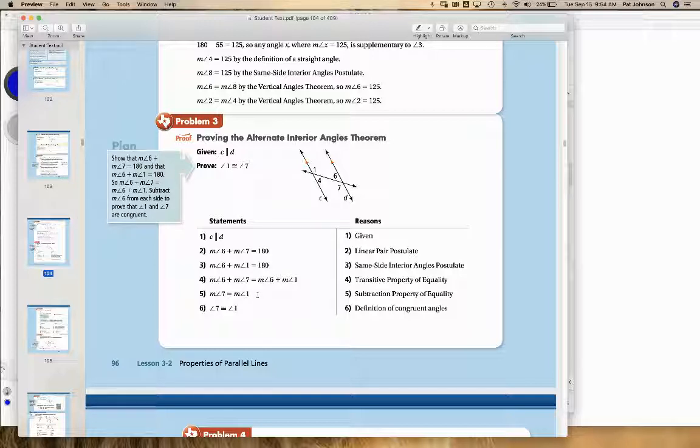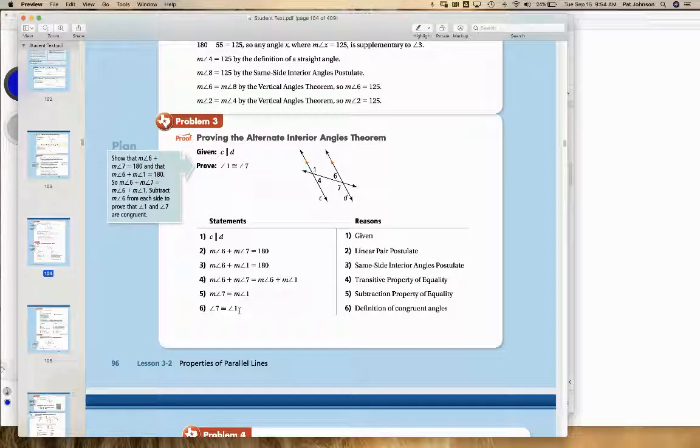Technically, you could use the symmetric property. To write this in the exact correct order, some books are more technical; I'm not going to be as technical. You would add another step in here and say the measure of angle 1 equals the measure of angle 7 by the symmetric property. And then you can say definition of congruent angles, and you have angle 1 is congruent to angle 7, which is exactly what they asked for.